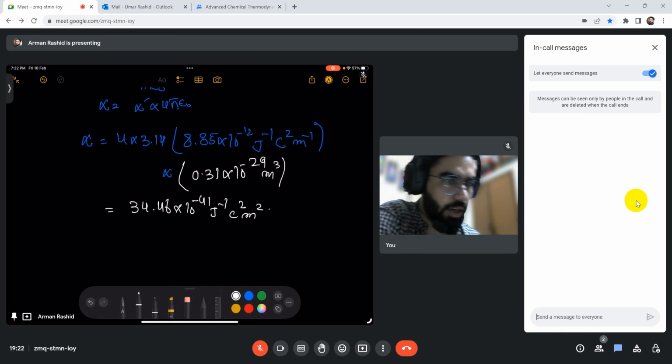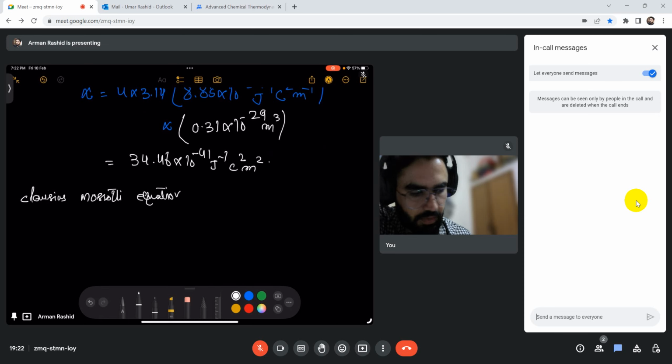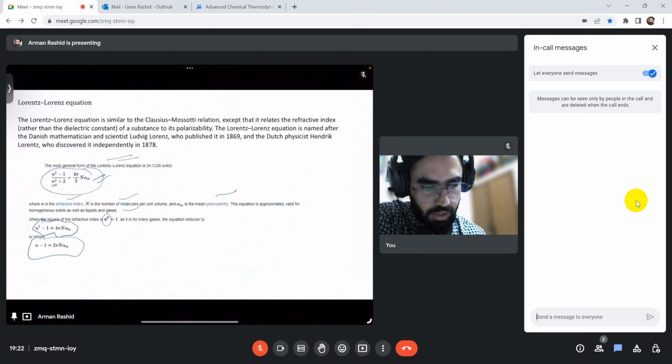So this we calculate. Now we also know the Clausius-Mossotti equation, which I actually explained before. We can see it again.